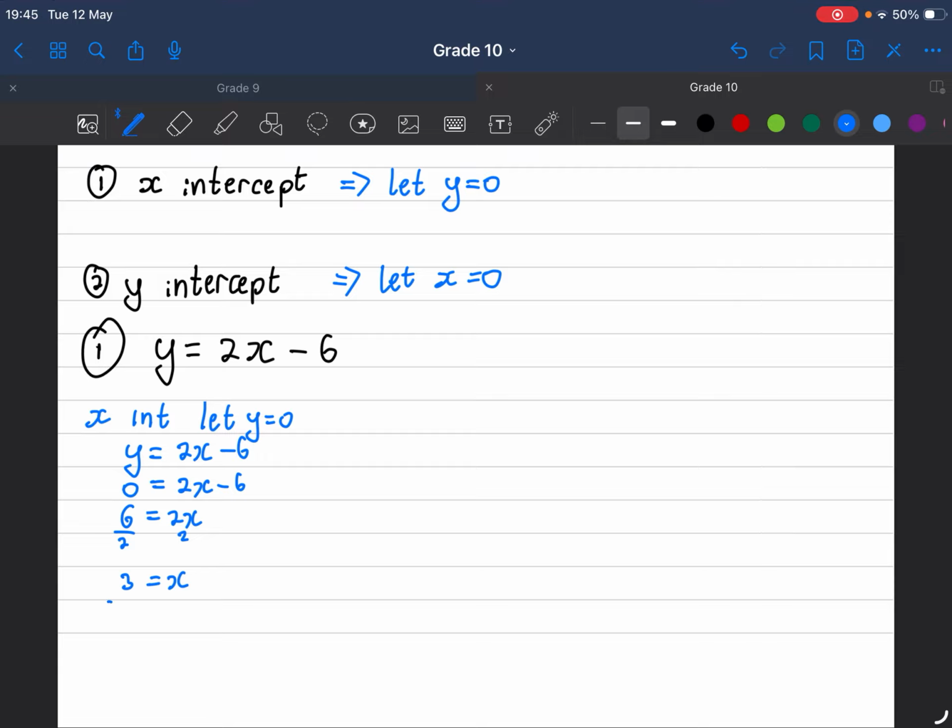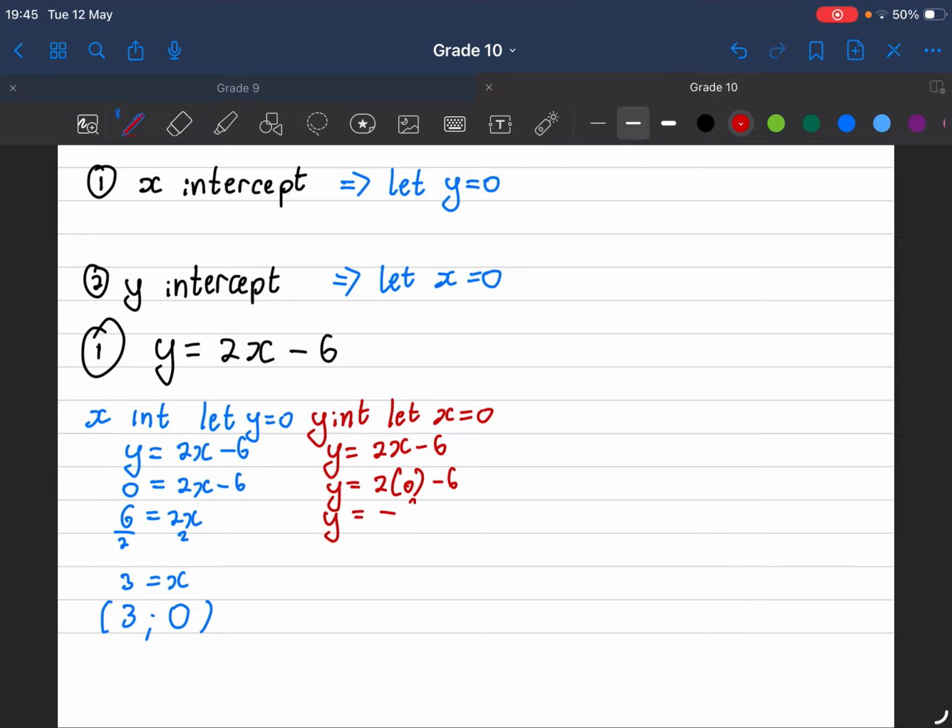From this, I can get the coordinates of my x-intercept, which is going to be 3 that I calculated and the y that I substituted, 0. I can then get my y-intercept by letting x equal 0. So write the equation down, 2x minus 6, and make the x 0. That's going to end up giving you negative 6. So my coordinate here is going to be 0 that I substituted for x and the negative 6 that I found.